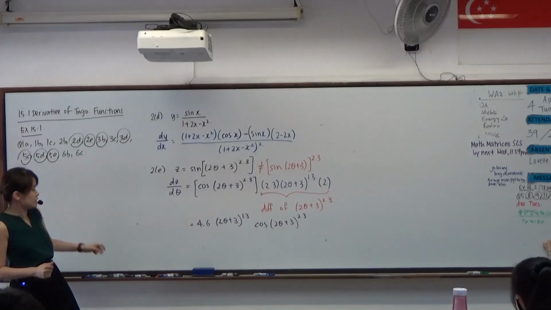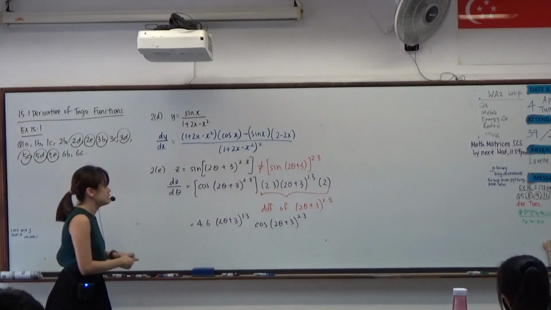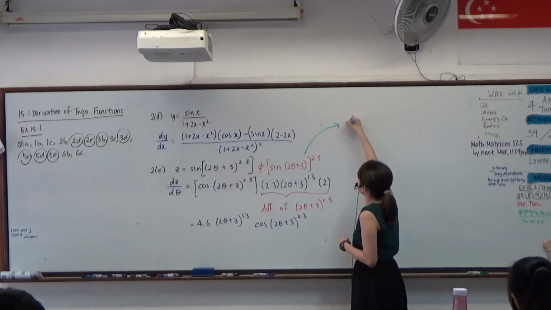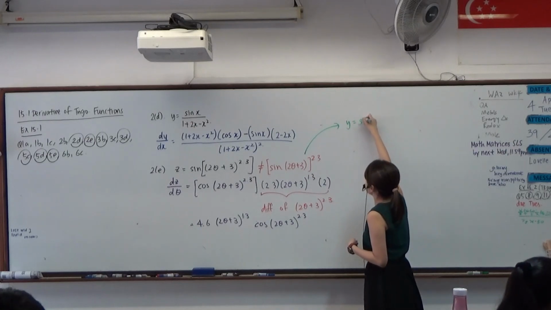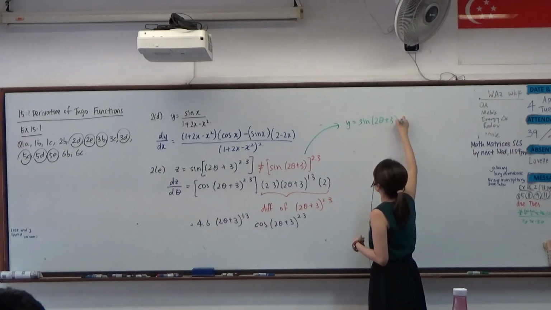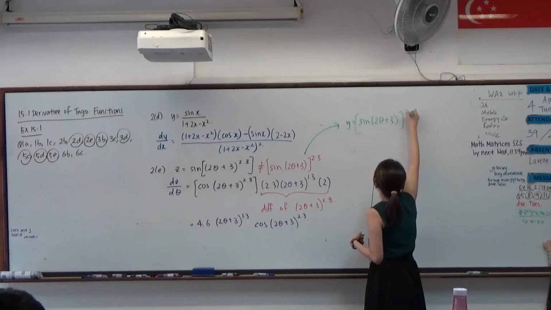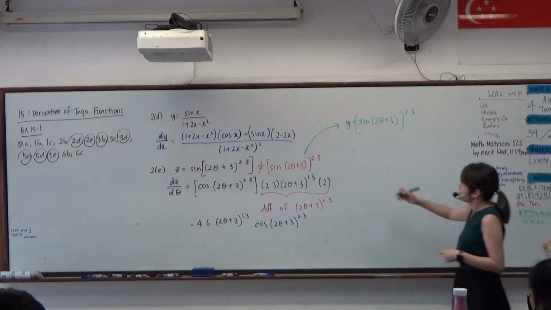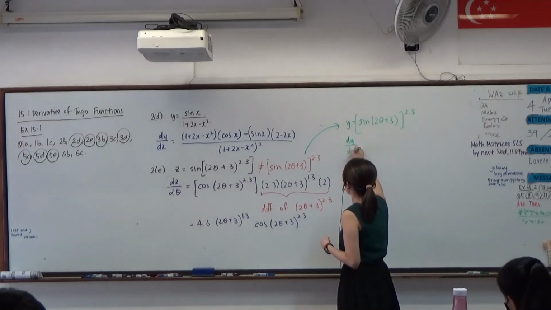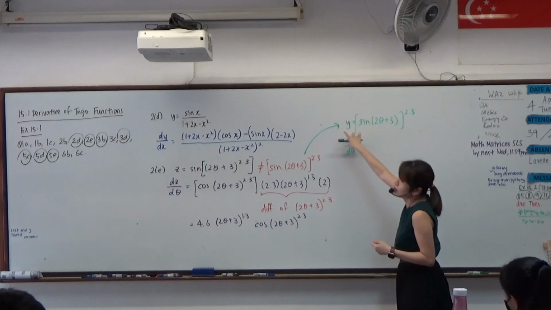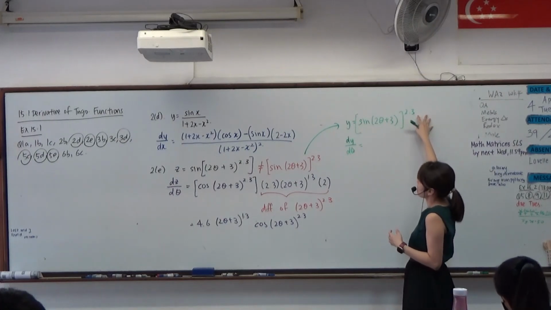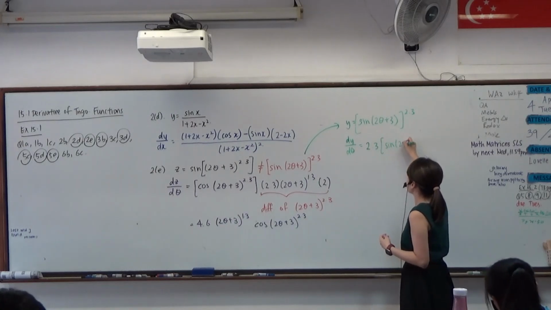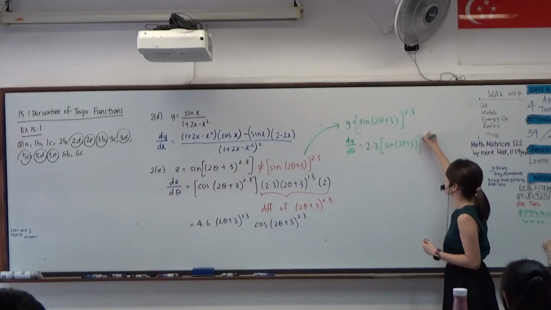While we are on this note, I also want to take this opportunity to show what if we are trying to differentiate this. Maybe let it be y equals sine of 2 theta plus 3, and the whole thing to the power instead. How will the derivative differ? In this case, dy over d theta will be, we bring down the power because the power is now the one at the outside. So bring down the power, then your power minus 1. So power rule applies first.